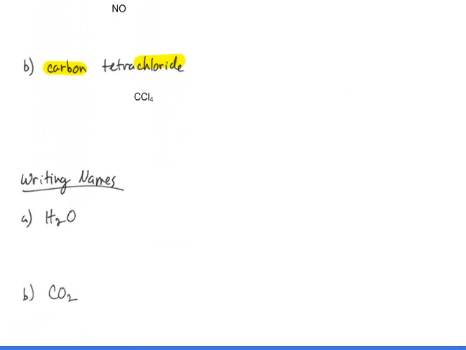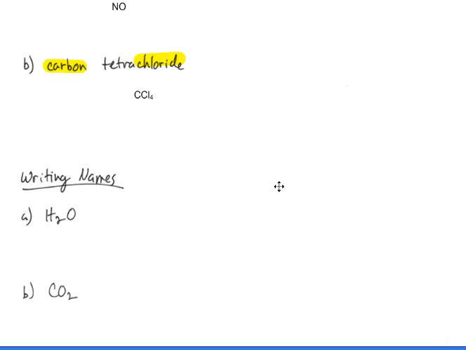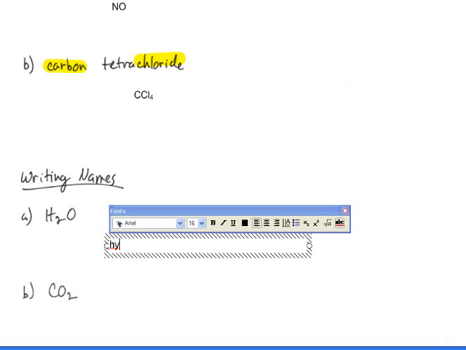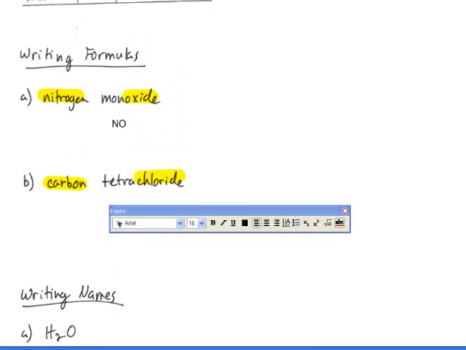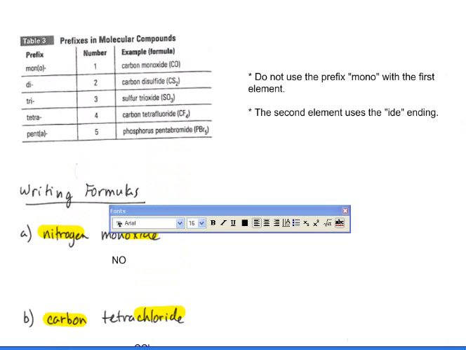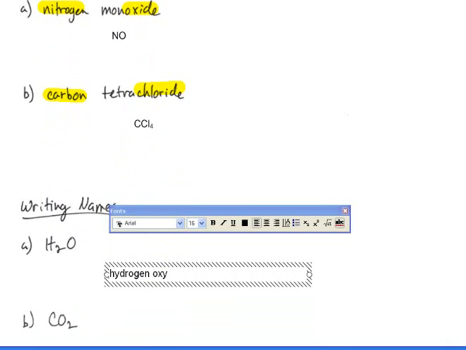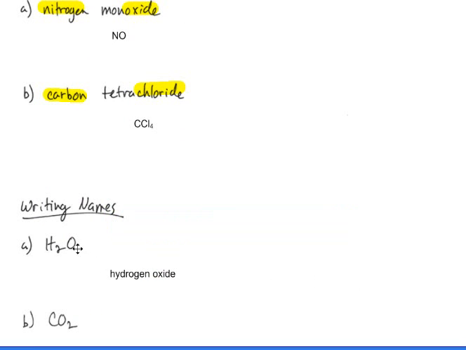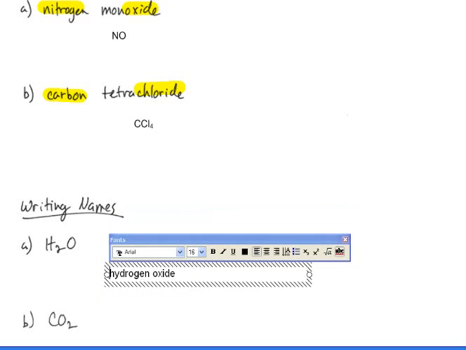Vice versa. Of course, we know this is water, but if we were to name it using the IUPAC naming system that we just suggested, we see that there's hydrogen and oxygen, but instead of naming oxygen, remember this rule up here, the second element uses the "ide" ending, so it's not oxygen, it's oxide. And we have one oxygen on the end, so we have to use the prefix mono. Now, 2 O's beside each other, that doesn't look right.